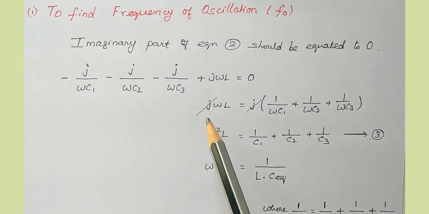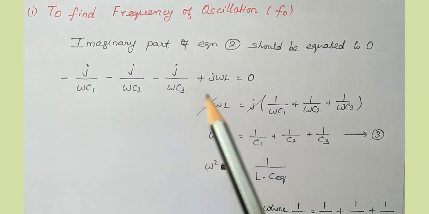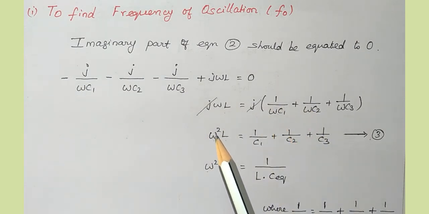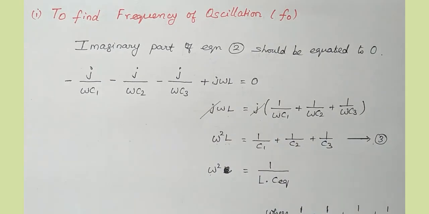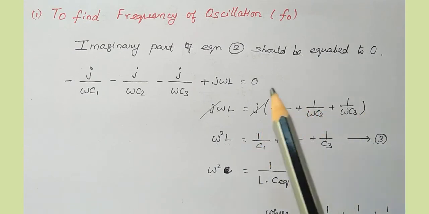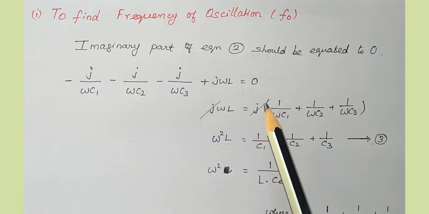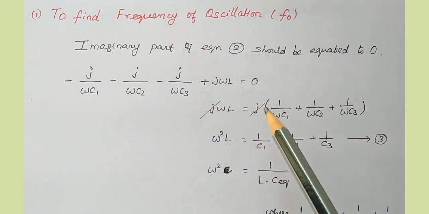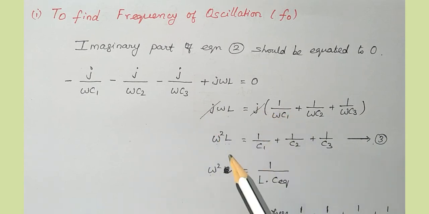Here I keep j omega L on the left side, and the remaining terms go to the right side, all becoming positive values. The j term is common to all three terms, so it is brought outside and the remaining terms are kept in a bracket. So here the j gets cancelled on the right and left hand side.